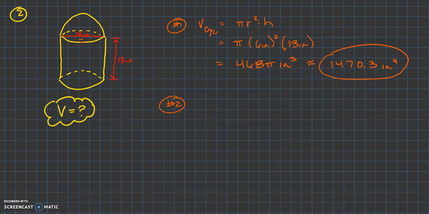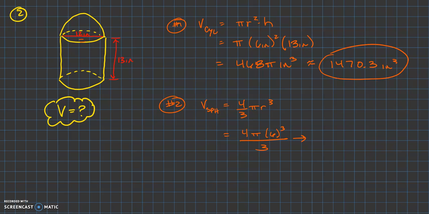Step number 2, I have a hemisphere. But as I've said in class, I encourage you to use the volume of a sphere. So that's going to be 4/3 pi r cubed. I like to put everything over 3. Just go ahead and separate that out. It helps me to visualize the math. I think it will you as well. The radius is 6, so I know that I'm going to cube that.